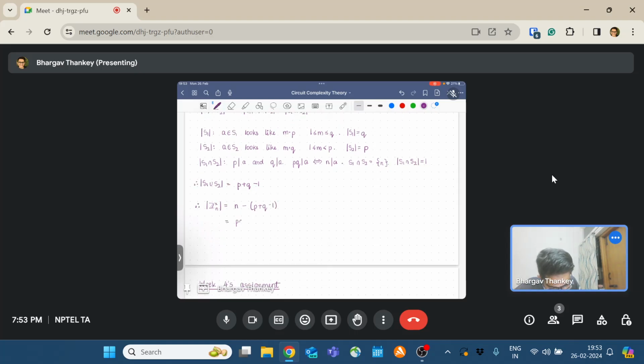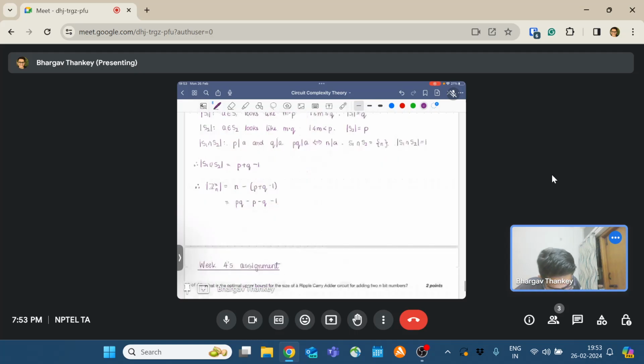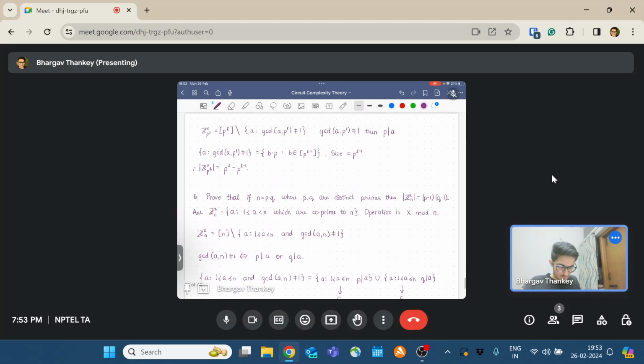N is PQ. So I can take P common from the first two, I get Q minus 1. Well, they should be plus, yeah, because minus minus 1 is plus. And I take a minus 1 common from the second. So I get this, right? And this is exactly what we wanted to prove, right? Yes.